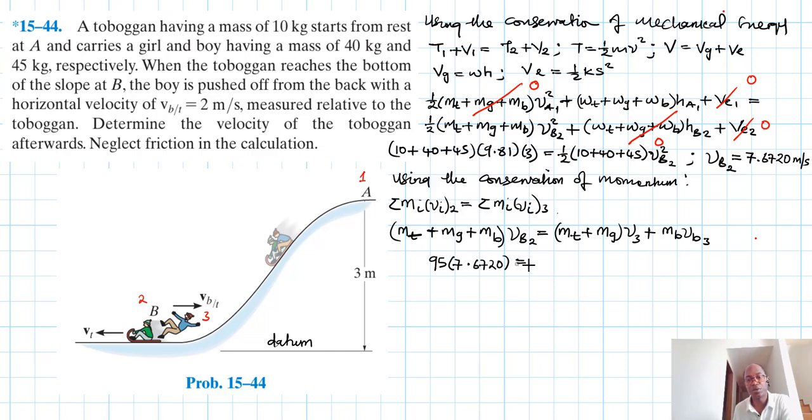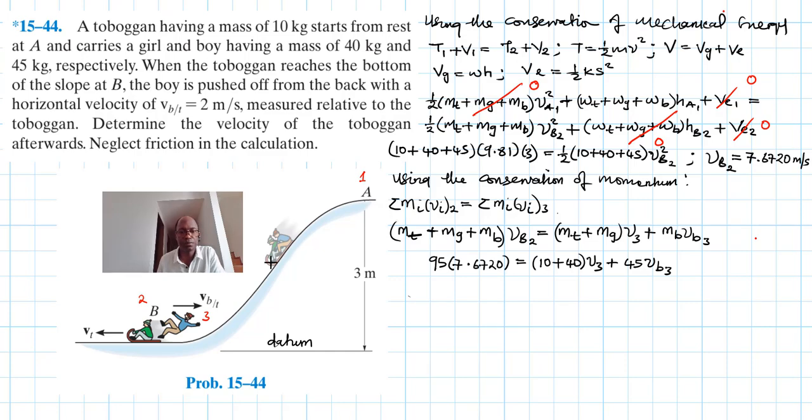This is equal to, adding the 10 plus 40, times V3, then plus 45 times VB3.